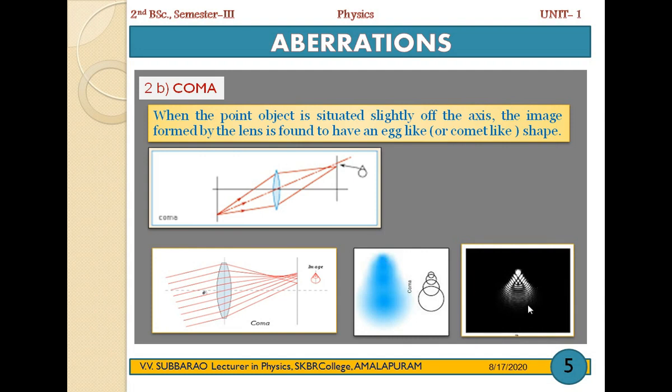This image clearly shows you the actual image that we observe on the screen. It consists of a point here, and we can see various circles, and the size of the circle gradually increases, and the total image looks like a comma with a bright head and tail.